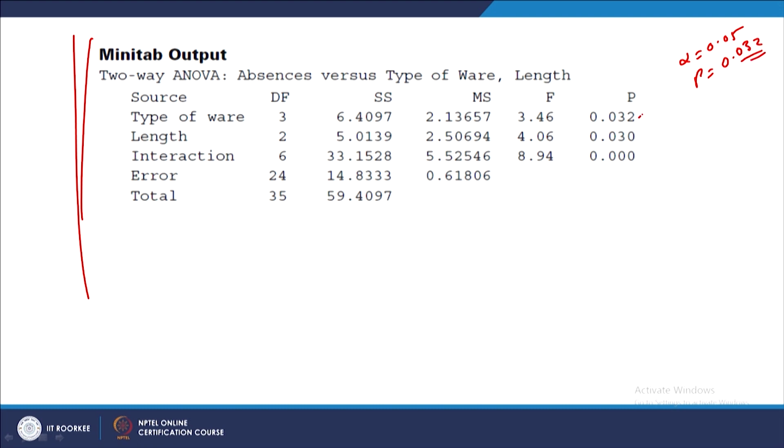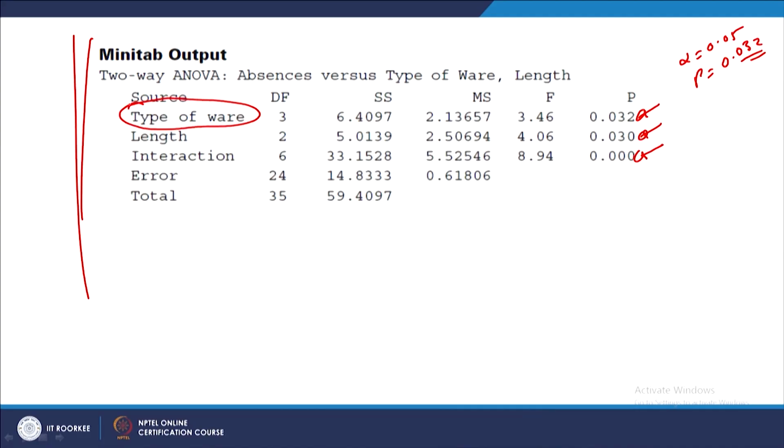P value is less than alpha, so we will reject null hypothesis, again we will reject null hypothesis, and for interaction effect again we will reject null hypothesis. It means that the absenteeism is different in different types of warehouses, and it again depends on different sessions, and there is an interaction effect, right.